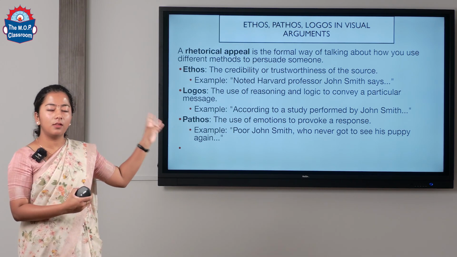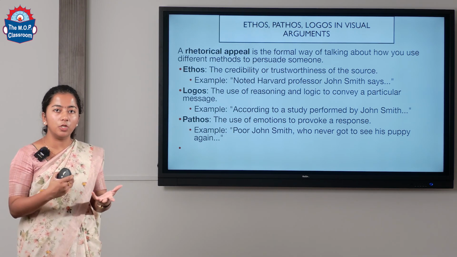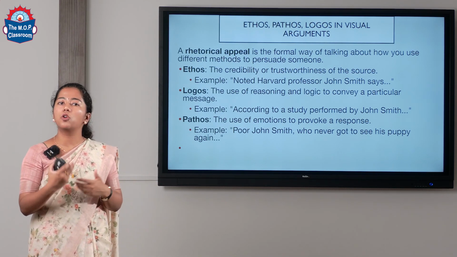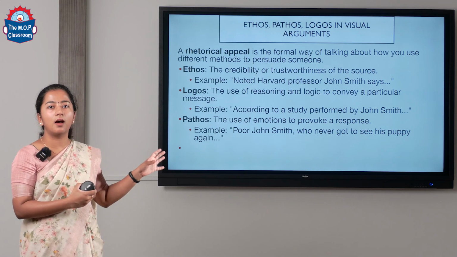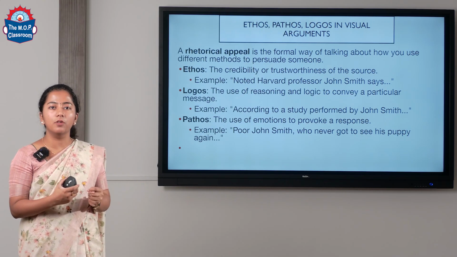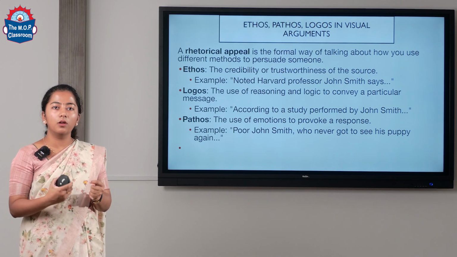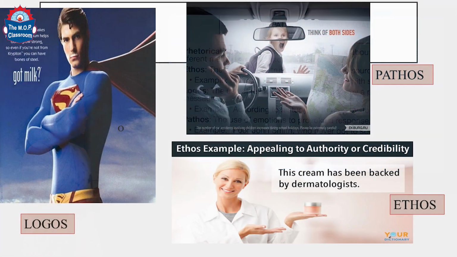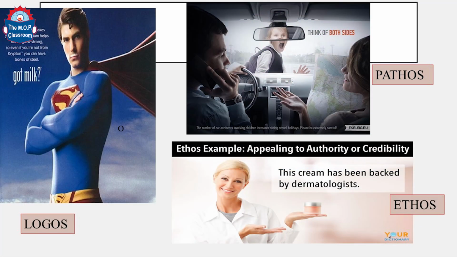So we have these three methods which are used in visual arguments to convince the viewer to believe in something or to do something. These three methods are ethos, pathos and logos, which are primarily used in visual arguments to make the viewer take action. Now let's look at some examples. The first example here uses logos.